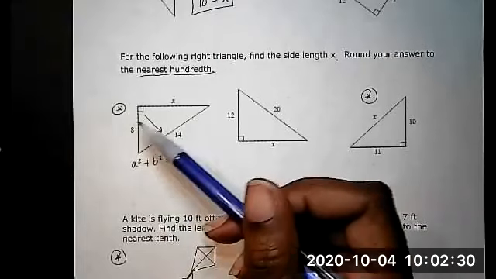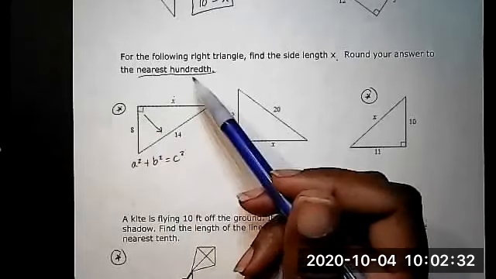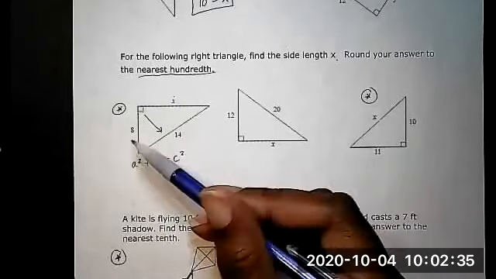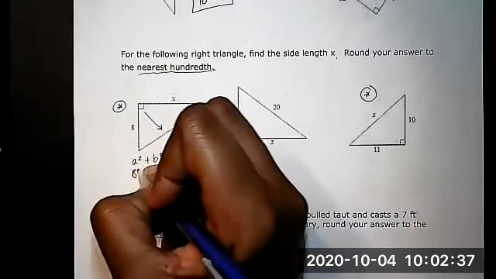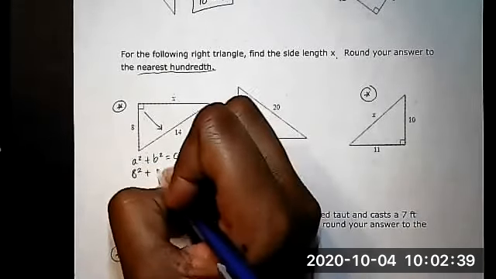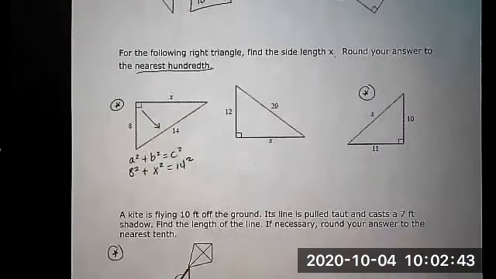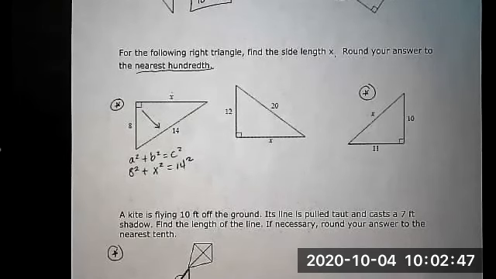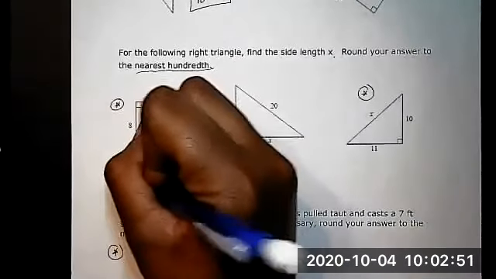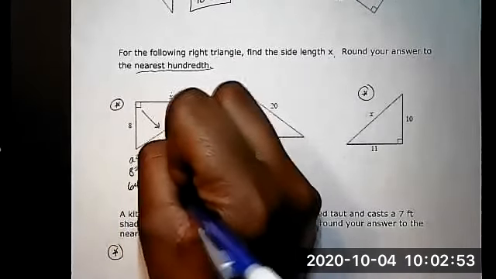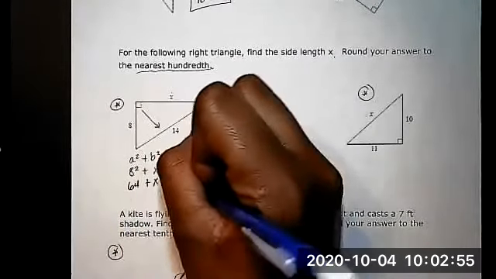We know only one side, a or b. In this case, I'll make it a. So 8 squared plus, instead of b, we have x squared equals c squared, which is 14 squared. I'm not ashamed to say I don't know what 14 squared is, but I do know that 8 squared is 64. I put 14 squared in my calculator and got 196.